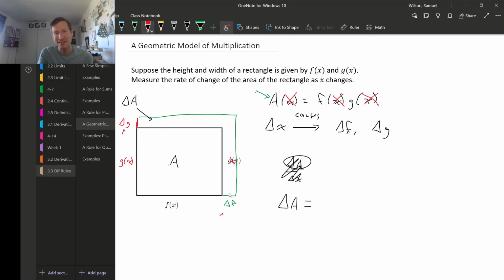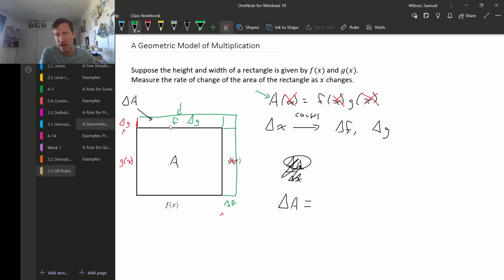So how big is this change in area? Well, it's kind of made up of three pieces. There is this piece along the top, and the width of this piece is f of x, and the height of this piece is delta g.